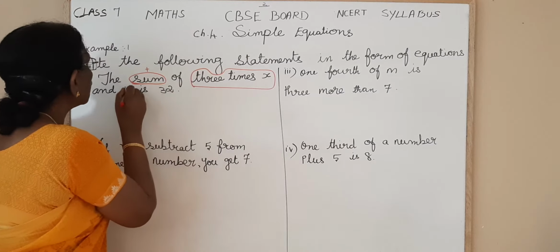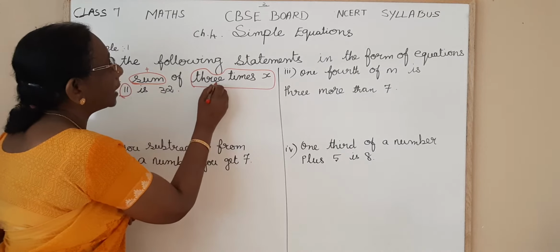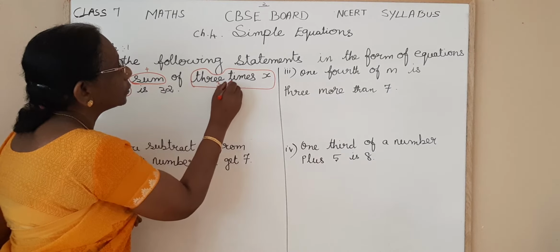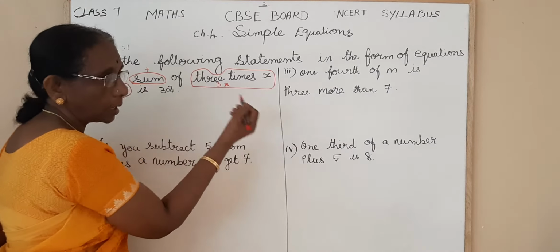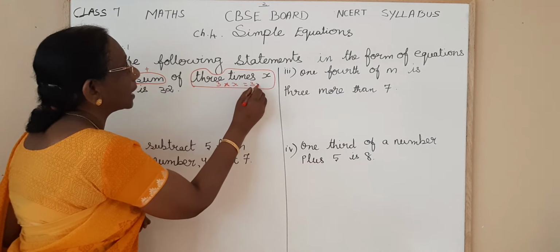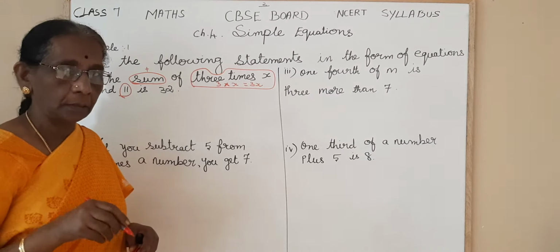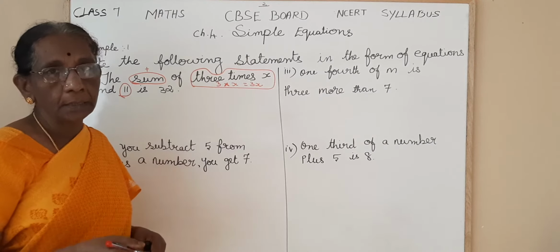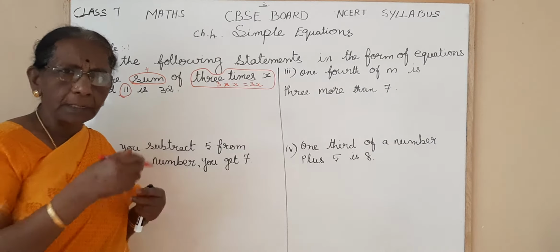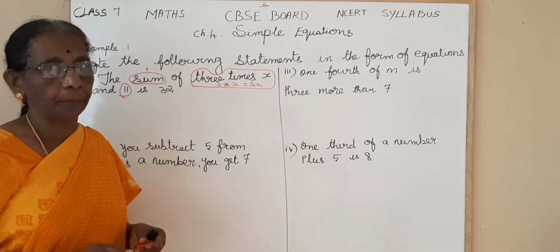The other number is 11. 3 times means 3 into x, times means multiplication. That is equal to 3x. So you can keep in mind 3 times x is 3x. The same way 5 times x is 5x. 7 times a number, 7x or 7m, 7n, anything.